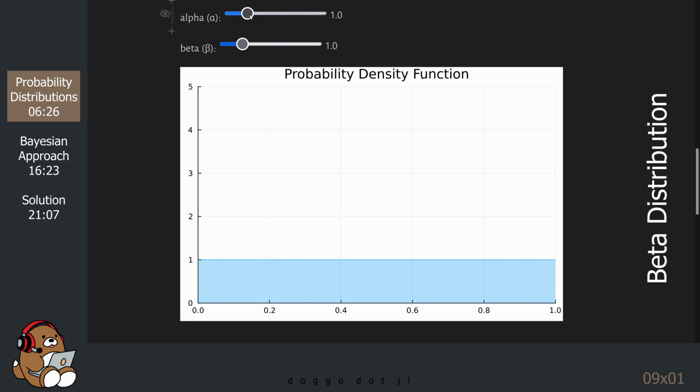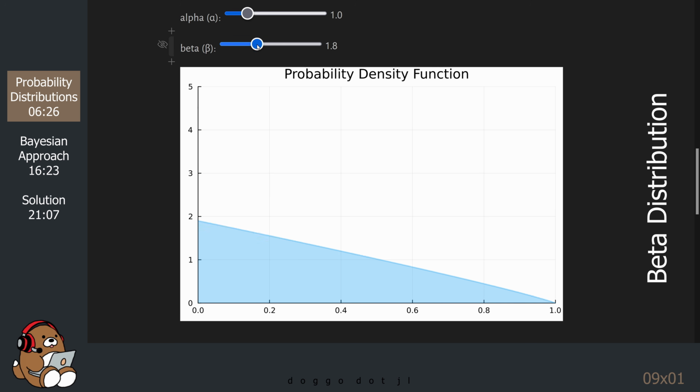If you increase the value of alpha above 1 while beta is 1, then the curve shifts to the right. If you decrease the value of alpha below 1 while beta is 1, then the curve shifts to the left. If you increase the value of beta above 1 while alpha is 1, then the curve shifts to the left.